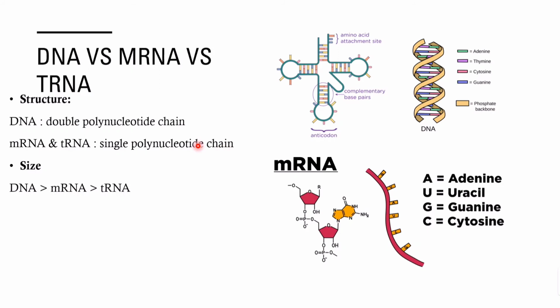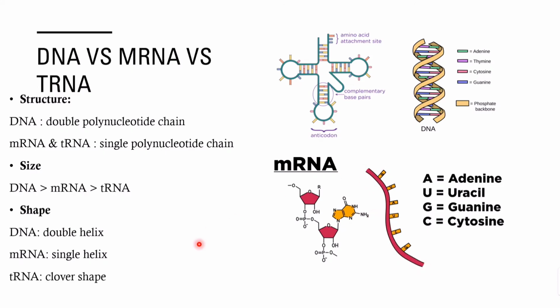And their size: DNA is the largest, then it's mRNA, then it's tRNA, which we saw was a relatively small molecule of around 80 base pairs long. Its shape: DNA is in a double helix, as we can see here. Our mRNA is a single helix, and our tRNA is a clover shape while it is still single-stranded, just folded.